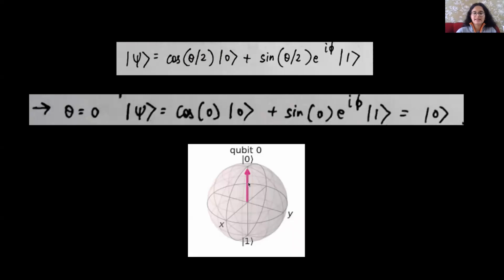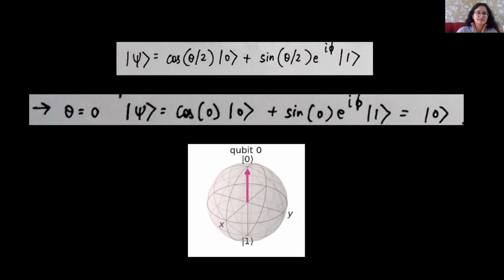Over here, we see that the angle with the z-axis, theta, is 0. So when we put it at 0, we get the state of ket 0, no matter what the angle phi is, because theta is 0. So our state will coincide with the z-axis, and it does not matter what phi is. As per calculation, we get the state of ket 0, and we plot our state. That also confirms our result of the output being in state 0.